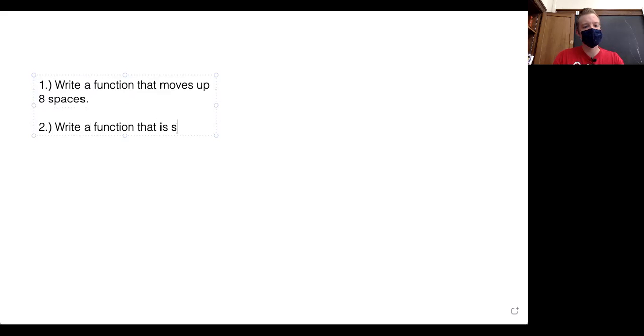I'm going to clear all these out. Write a function that moves up 8 spaces. So we've got one problem right here. Two, write a function that is stretched by a factor of 6.